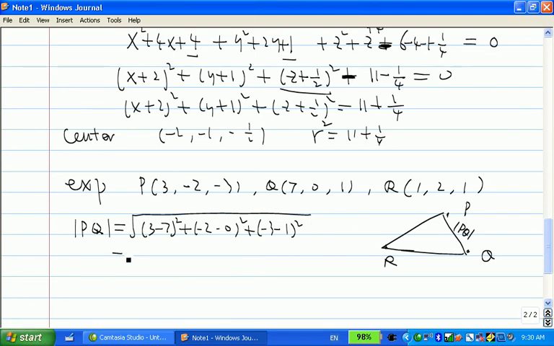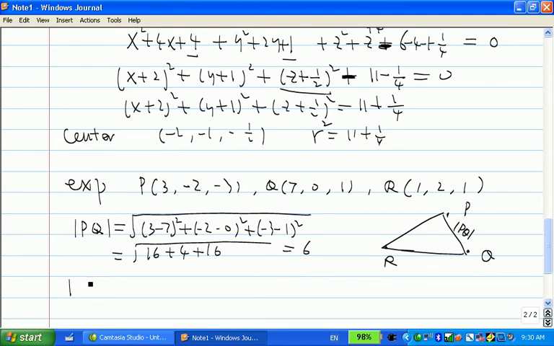So this gives you 4 squared, 16. Minus 2 minus 0 is minus 2 squared, which gives you 4. Then minus 3 minus 1 is minus 4 squared, which gives you 16 again. So the whole thing gives you the square root of 36, which is 6.